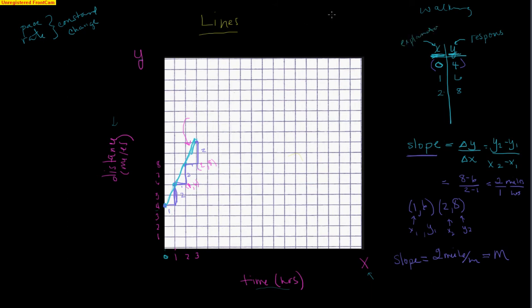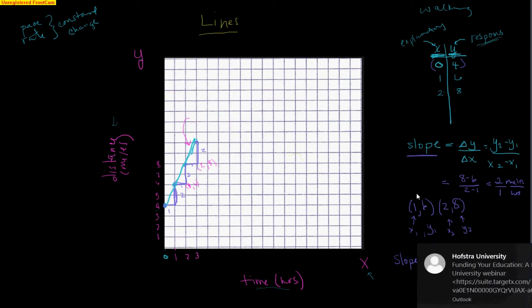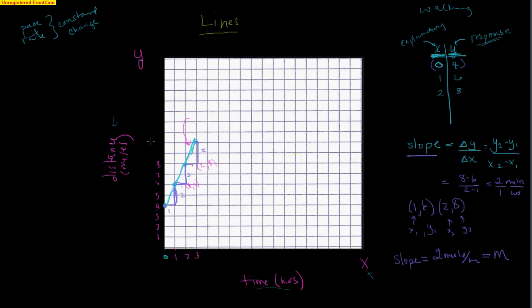There's another video that talks about response and explanatory and what they mean. But really, whenever you're looking at your response or your dependent variable, you're talking about which one is affected by the other. So in other words, the amount of time that passed is affecting how far I've walked. All right, so we've got a relationship between x and y. So every y is going to equal something that is going on with this x.